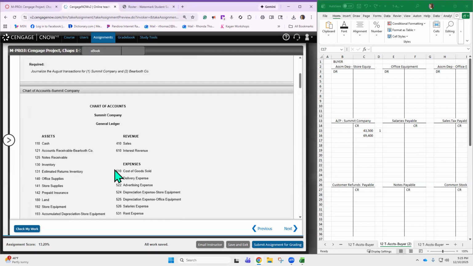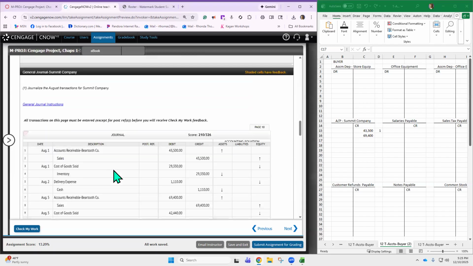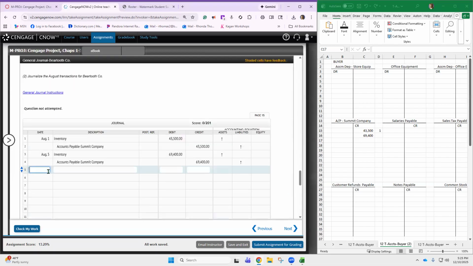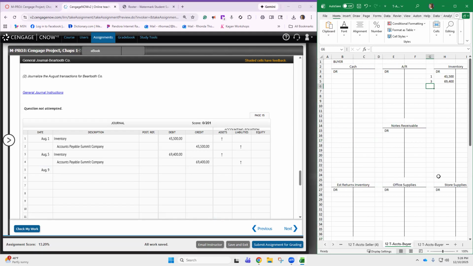So go down to Beartooth General Journal and put August 9th as the next one because they're going to have to pay the shipping outright. So then this is going to be inventory, which is the amount of the shipping. If you're the buyer, you put your shipping amount into your inventory account.